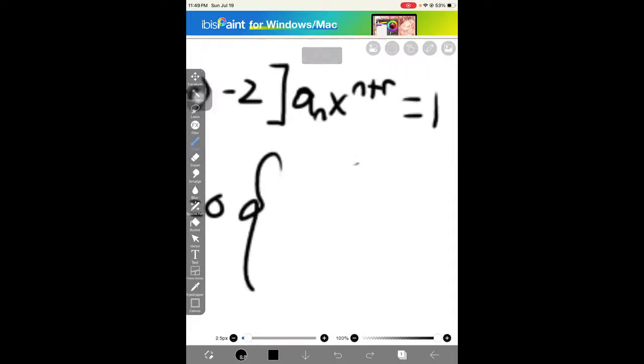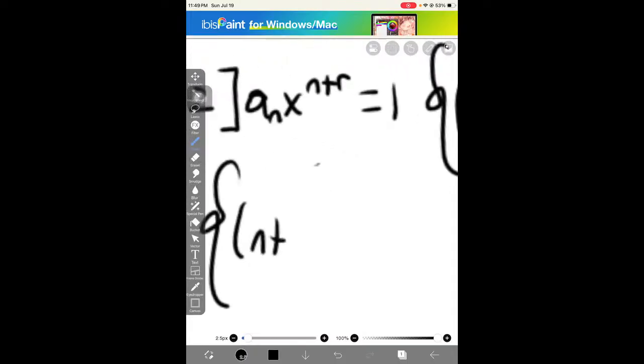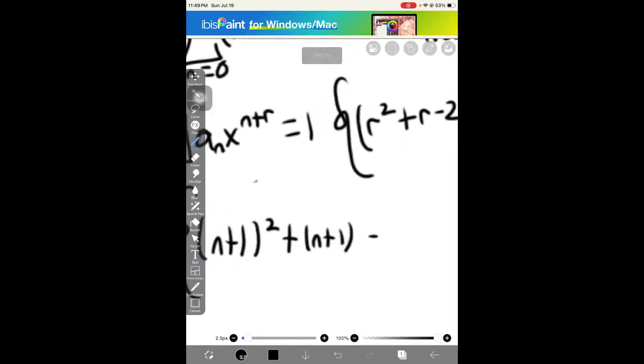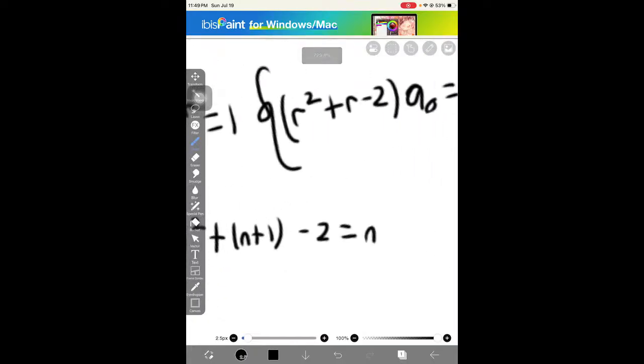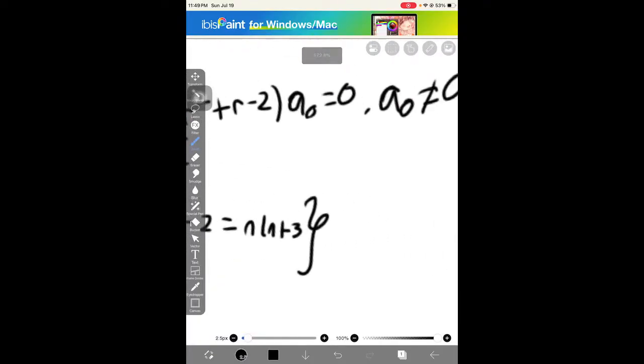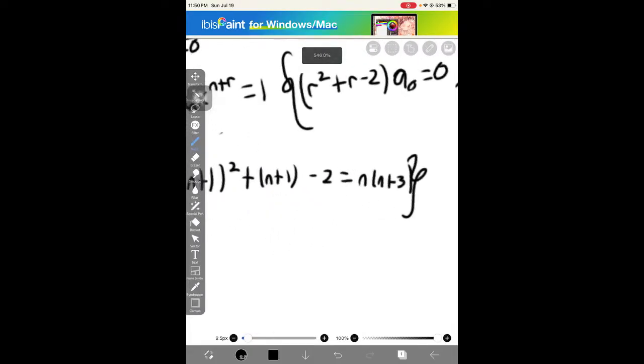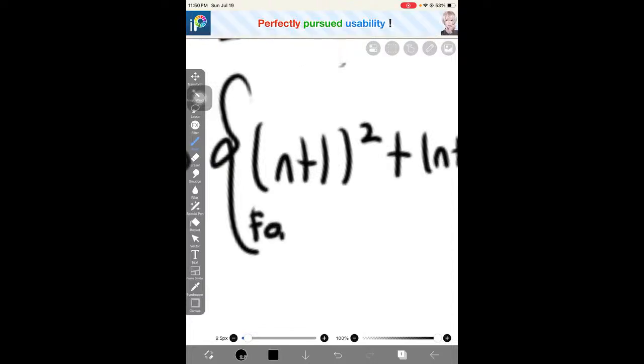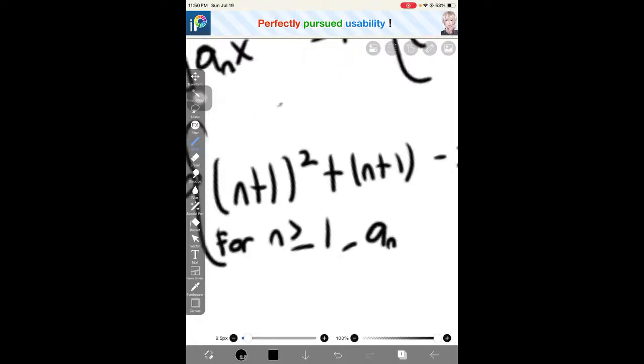Okay, so now n plus 1 squared plus n plus 1 minus 2 is equal to n times n plus 3. We can verify that using grouping like terms, the FOIL method, and so on. So we need to state this. For n greater or equal to 1, a of n will be equal to 0.